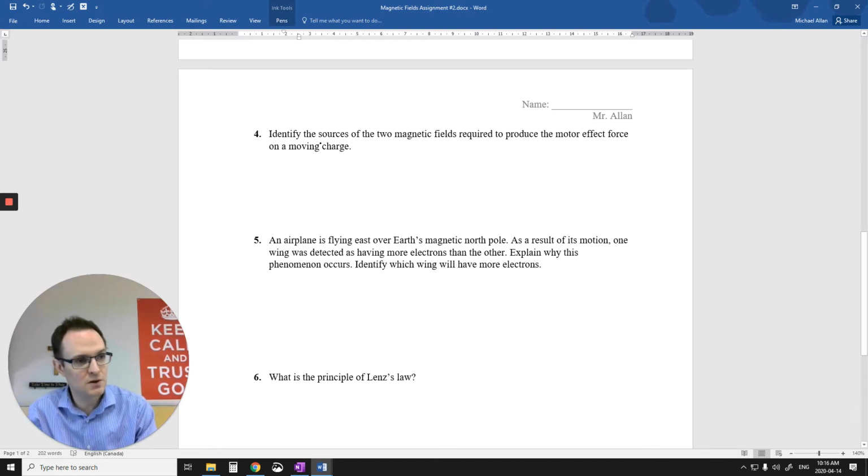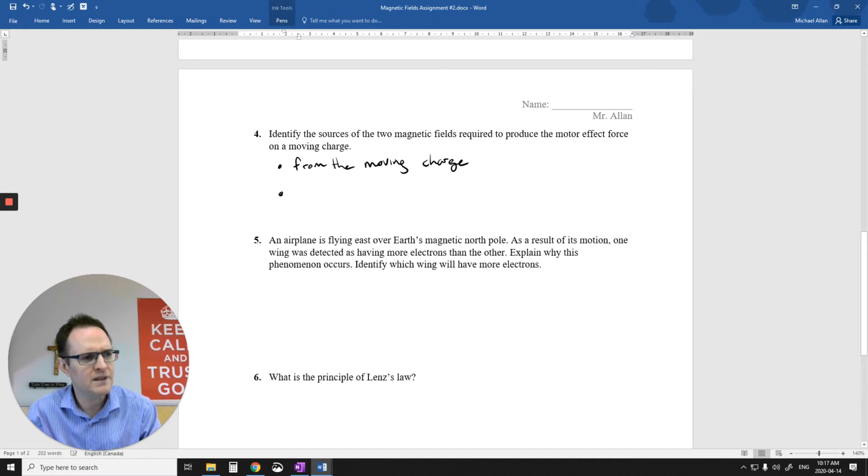So the two sources: one is from the moving charge. Oersted said that a moving charge will produce a magnetic field, as long as it's moving. If it's not moving, it just produces an electric field. Anything with mass has gravity. So that's just all the fields that these produce.